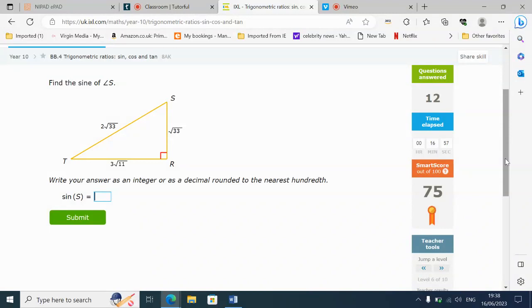How do you work out sine again? Sine is opposite over hypotenuse, so it'll be 3 square root 11 over 2 square root 33. Did you not write it out at one point? I think I did.